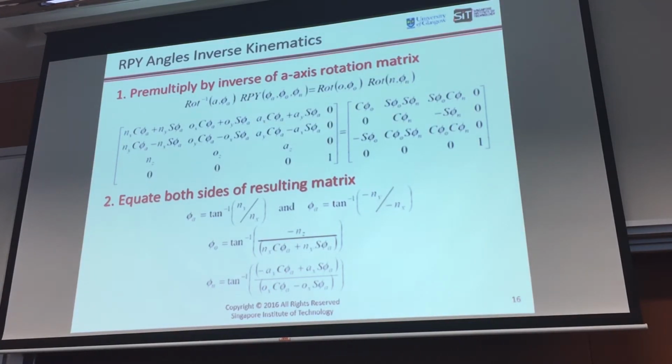Now you can also have both negative, and you still get the same value. That's why they are looking at two variants, where ny and nx are both positive and where ny and nx are both negative. Okay? So you'll get two sets of angles to work with subsequently.